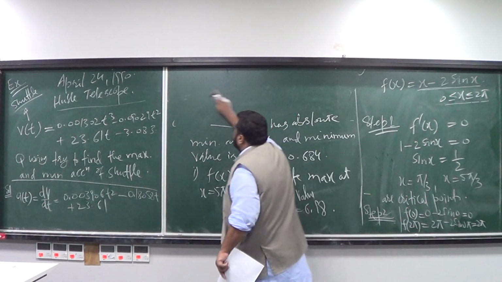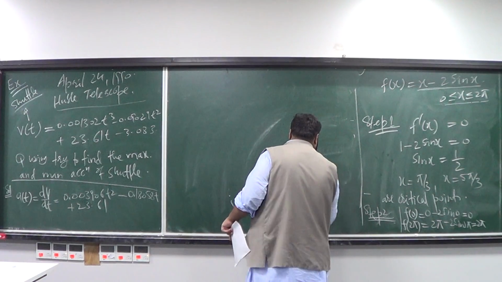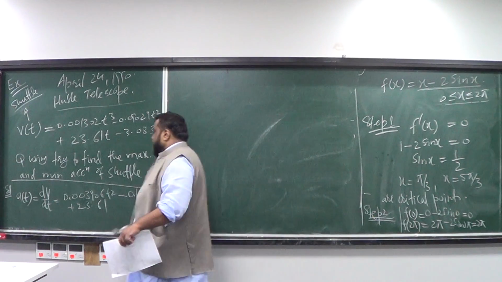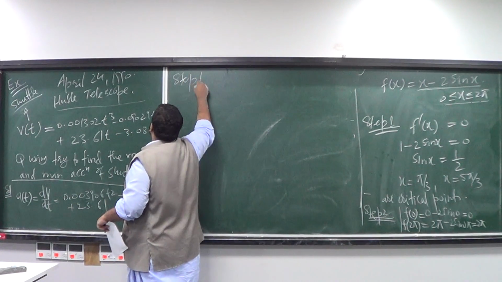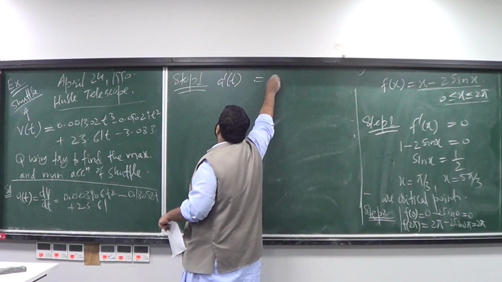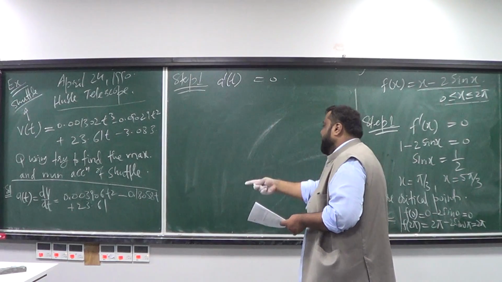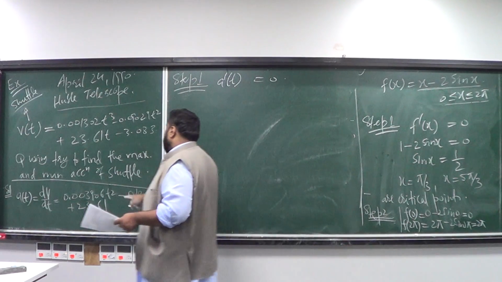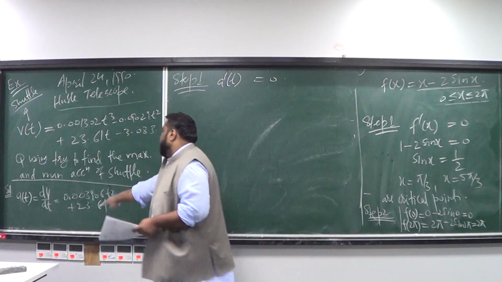So the first step: find the critical point. Step 1, how to find the critical point? You need to differentiate your given function, equate it to 0, and try to find the value of t. So if you differentiate this again, you get 2 times this minus 0.1805, and this will be 0.